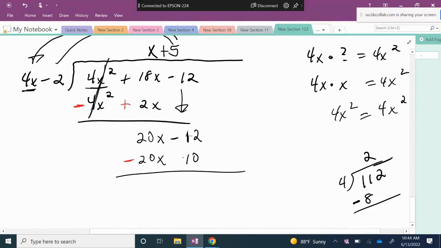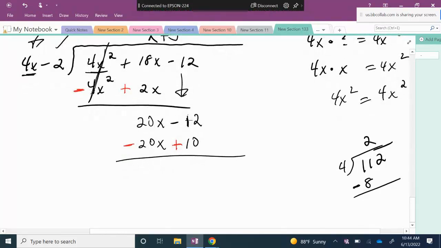And negative 10 becomes positive 10. All right, so now we can combine. So the 20x, that's going to cancel, and that should always happen. Negative 12x plus 10x is negative.